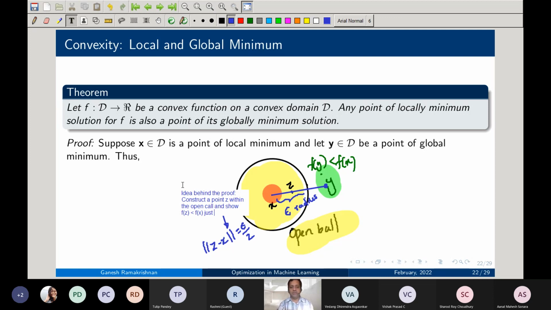Right. So this is just because I claimed that f of y is less than f of x. Okay, so this is the idea behind the proof.